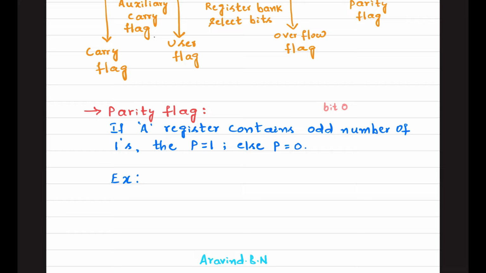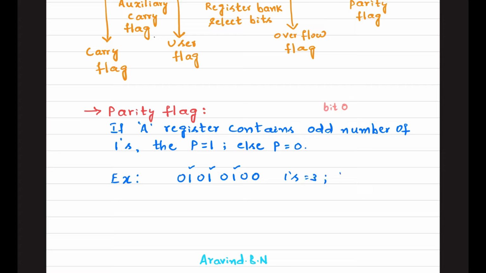Let us have the value 0, 1, 0, 1, 0, 1, 0, 0. In this case, we can identify there are 3 ones, which is an odd number of ones. So the number of ones is equal to 3.